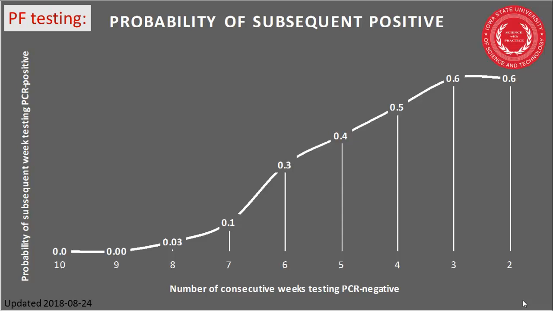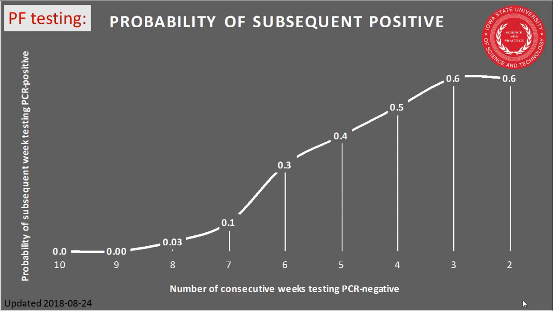The question the slide shows is what's the probability of having the subsequent week testing positive by PCR on processing fluids based on the number of consecutive weeks that you had testing PCR negative on processing fluids. It demonstrates that with 2, 3, 4 weeks of consecutive negative results, you're in the right direction, but don't over-conclude at this point.